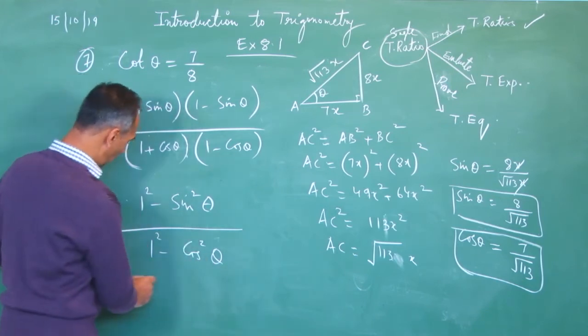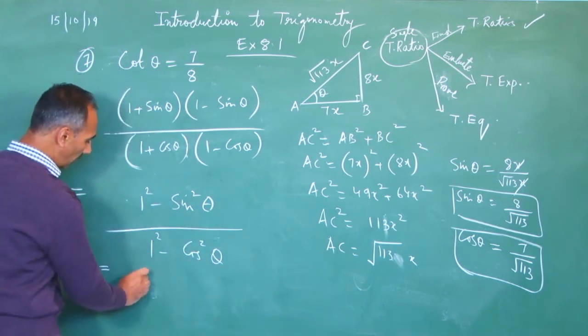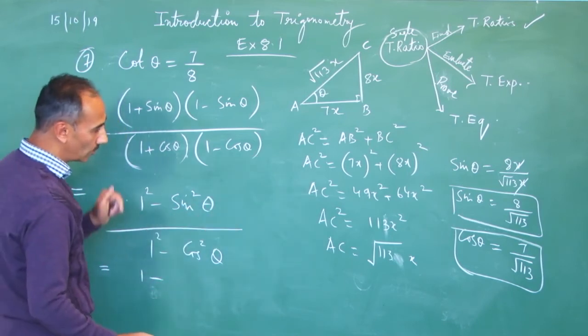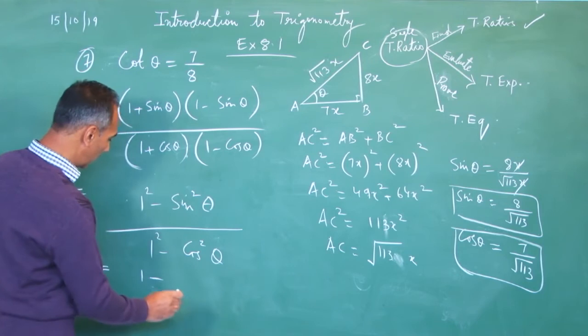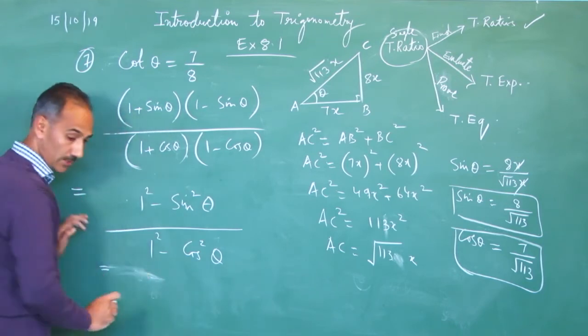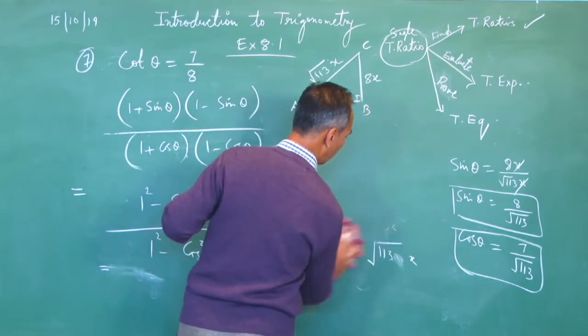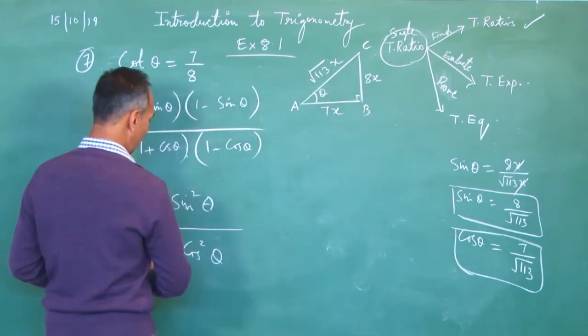Now you put the value: 1 square means 1, minus sine theta is 8 by square root of 113, and you have to square that. I don't have space here, so I will rub this part and put the values of sine theta as well as cos theta.